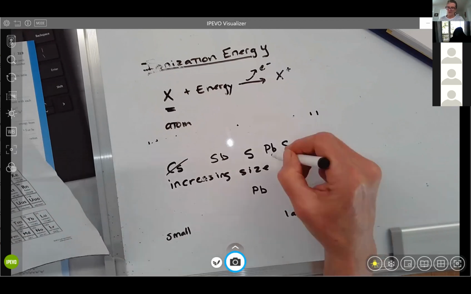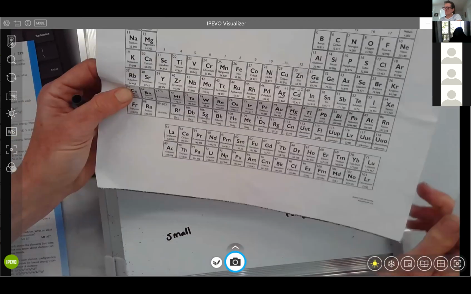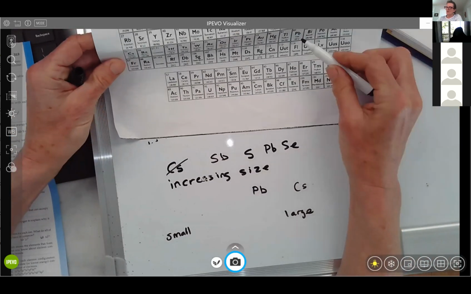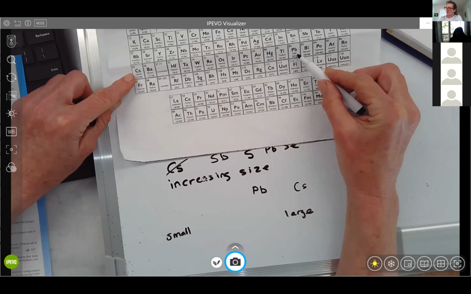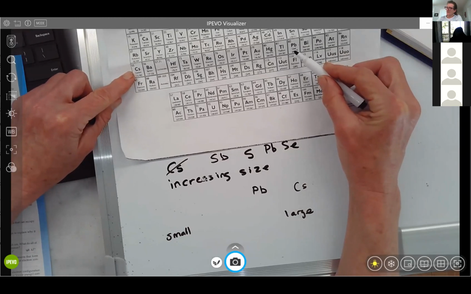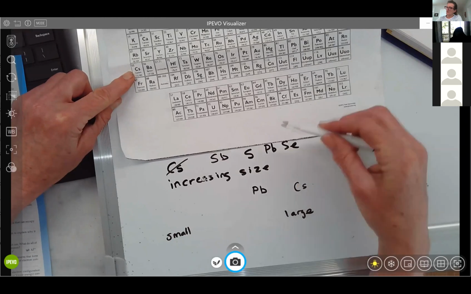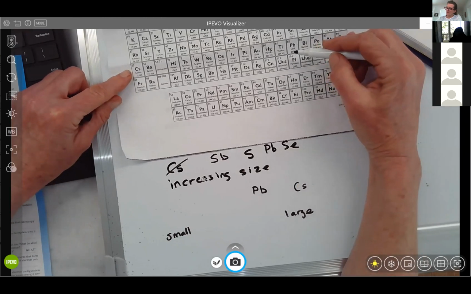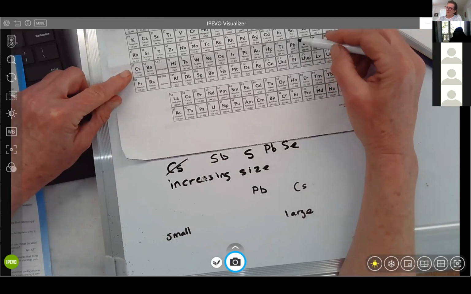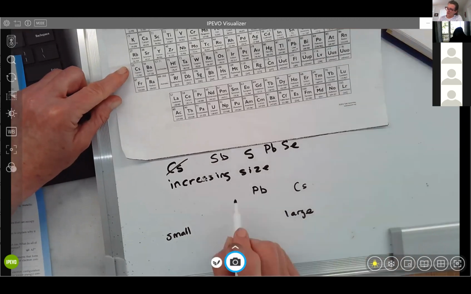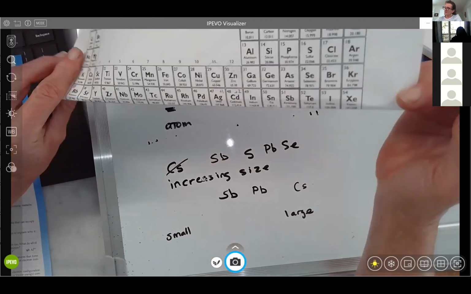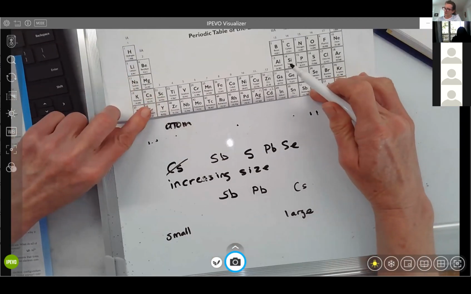I'm slow going through the periodic table here. Looking for lead. Here's cesium, here's lead. Okay. So lead will be smaller. Lead will be the next one down. And then I would put, let's see, antimony's here.